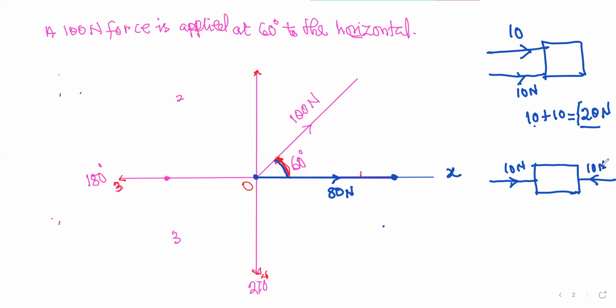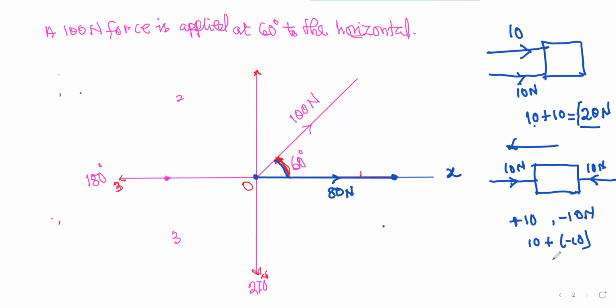Good, because the one due east is considered as positive 10. The one due west is considered as negative 10. So if I add positive 10 and negative 10 together, they will nullify one another. So that is how to determine resultant force.